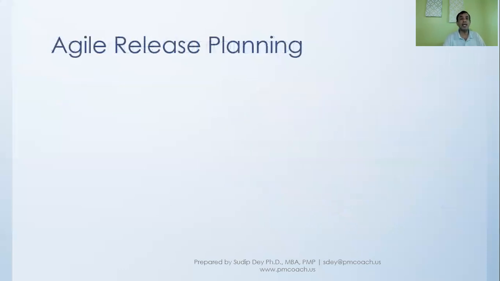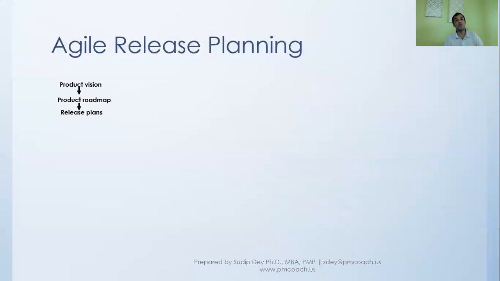And then we have the agile release planning. Let's talk about how we'll handle it in agile. In agile, we have a product vision that gives us the product roadmap, and that provides us the release plan. Because you remember in agile, we are not taking everything together, we go through iterations and have multiple releases.